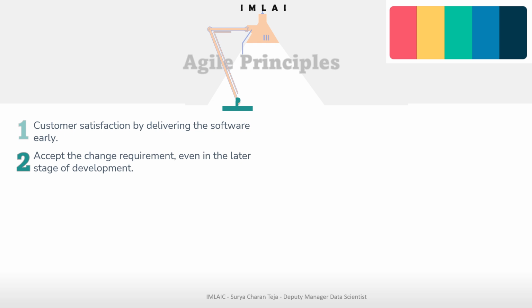The second of the 12 agile principles is to accept changing requirements even in the later stages of development. This is what makes agile stand out from other SDLC models.